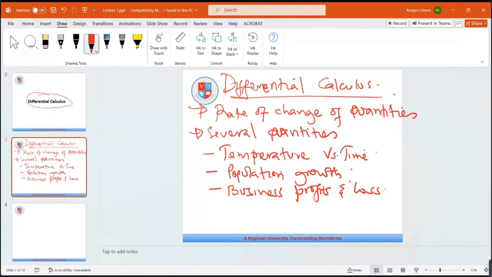All these quantities we are mentioning here can be expressed in terms of functions, to relate any two quantities, where a function is basically a relationship between a set of inputs and a permissible set of outputs.